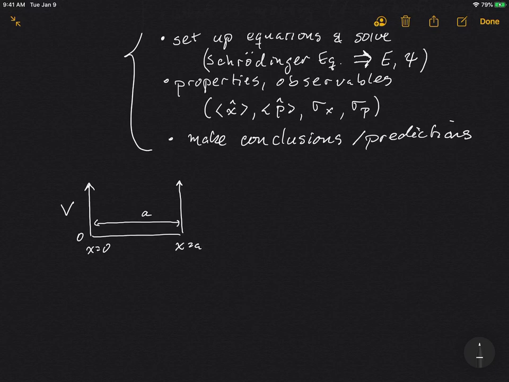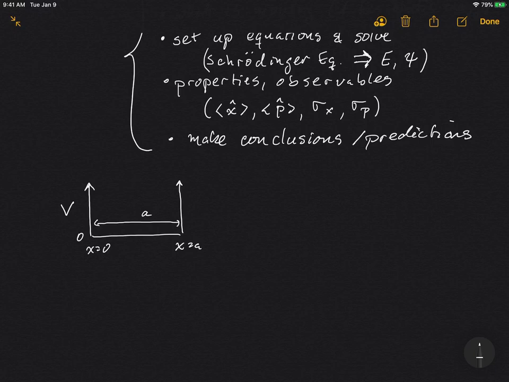So there's no forces, there's no potential inside the box, so potential is 0. And then at the edge, we want an infinite barrier so that we keep our particle inside the box. It turns out that's an important aspect of the particle in a box.